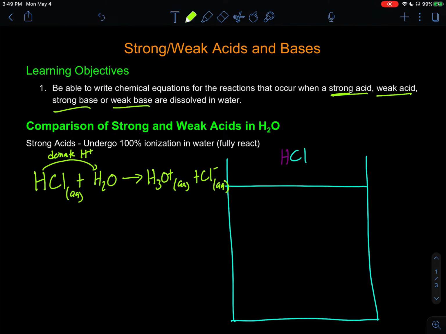So what we notice here is that we consider writing a one-way arrow. Now, why do we write a one-way arrow? Because these acids are so strong that they undergo 100% ionization or 100% reaction.